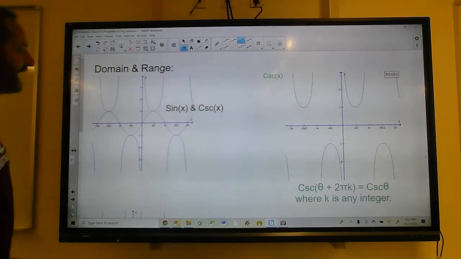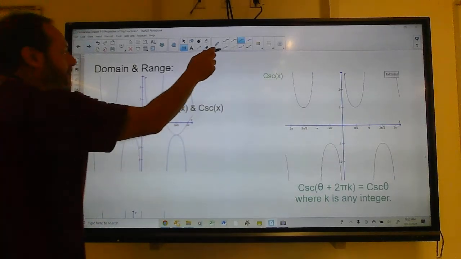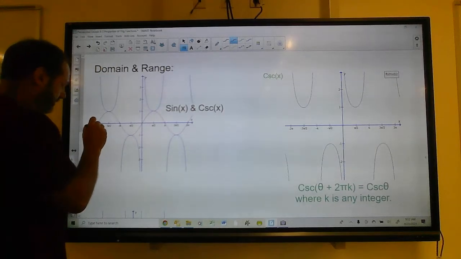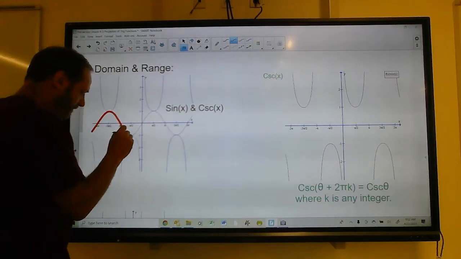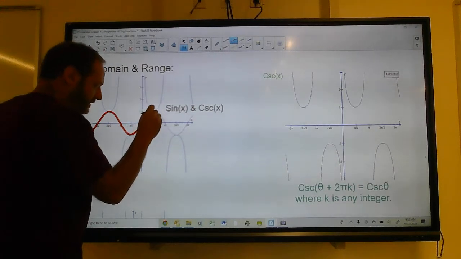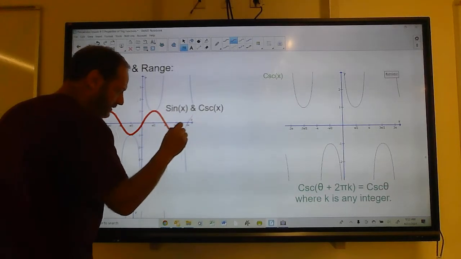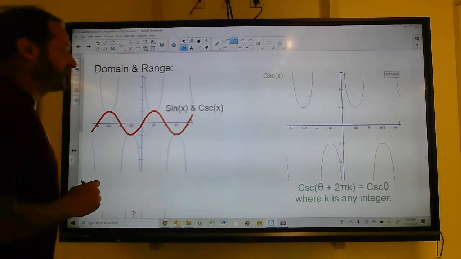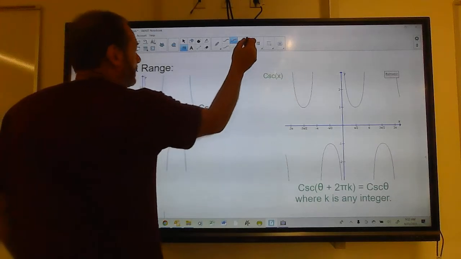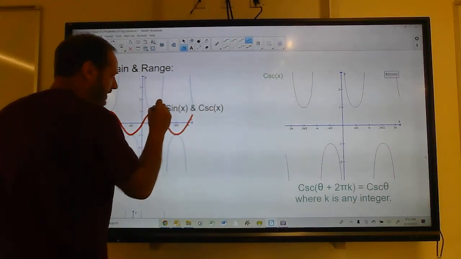Okay, now let's look at, this is a sine curve right here. With this nice pretty sine curve. Now the cosecant is the reciprocal of that. So the reciprocal looks like this.